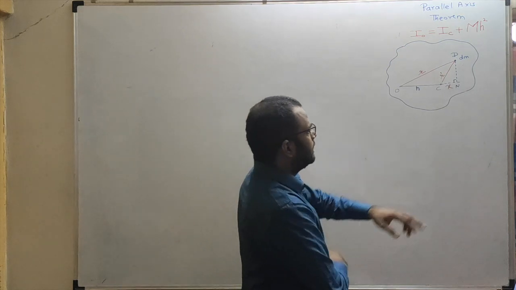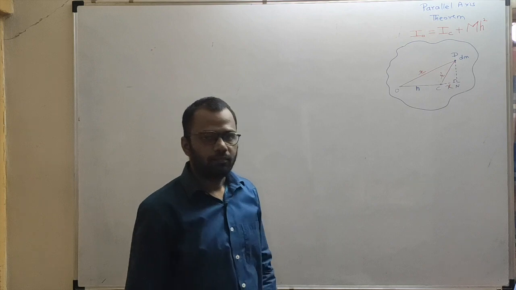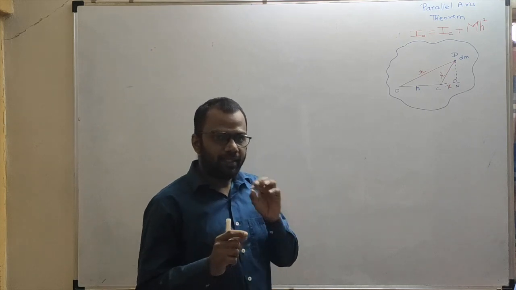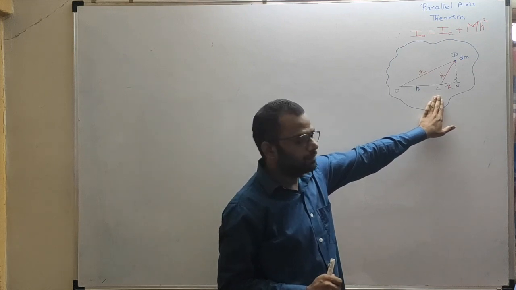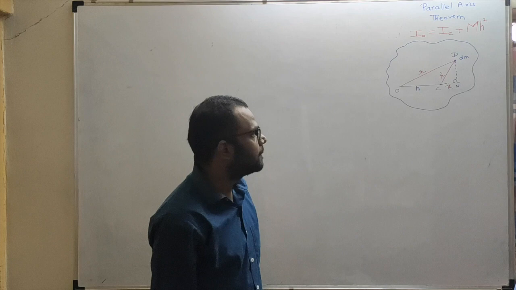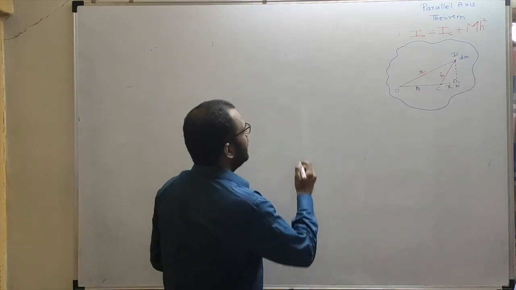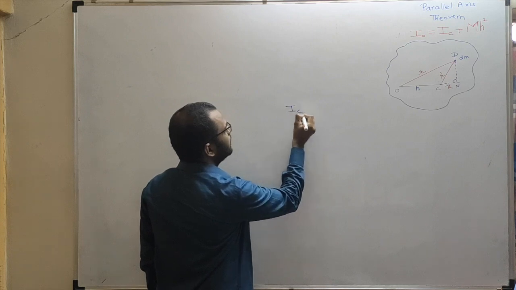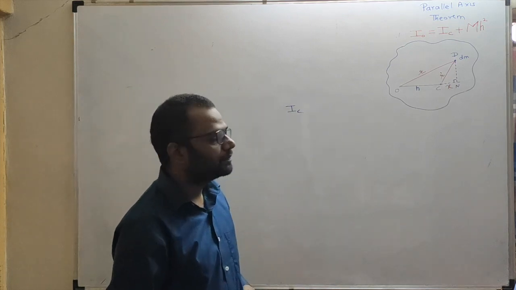C is the point on that axis. Full stop. This axis is perpendicular to the page. Let IC be the moment of inertia about that axis.